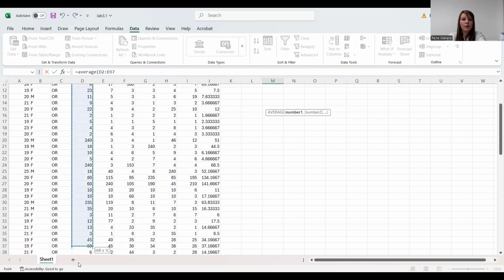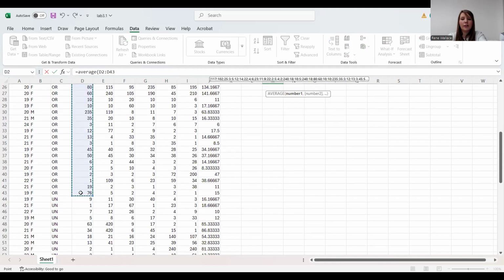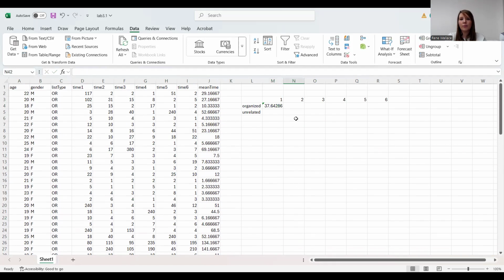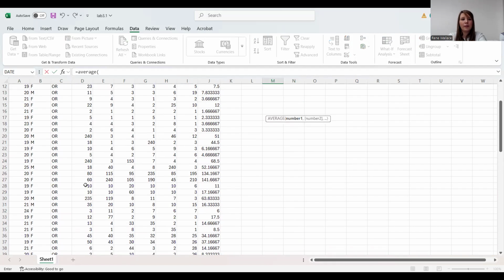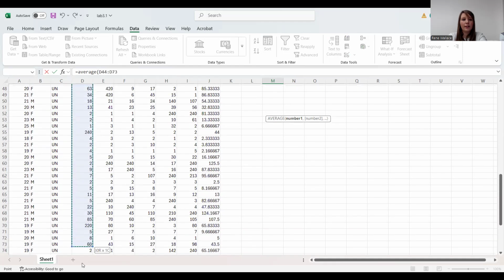So I'm going to highlight it all, and I'm going to stop where organized stops. I'm going to let go, close parentheses, and then click off of it. Look at that, 37.62. And then I'm going to do the same thing for unrelated. I'm going to do equals average, open parentheses. Now I'm going to come down here to unrelated and highlight all of these data sets.